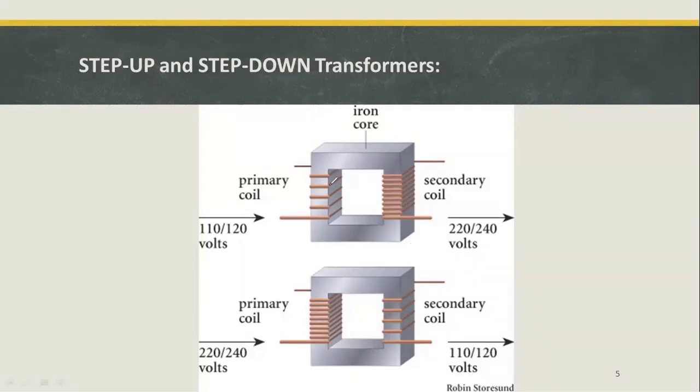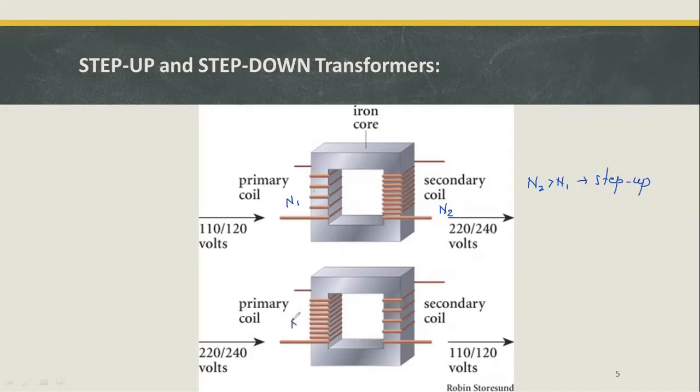So here just look at the number of turns. If you see here, these are the primary windings or primary coils. Similarly, this is the secondary coil. So if I say the primary number of turns is N1 and the secondary number of turns is N2, and if N2 is greater than N1, I'm going to get a step up transformer.